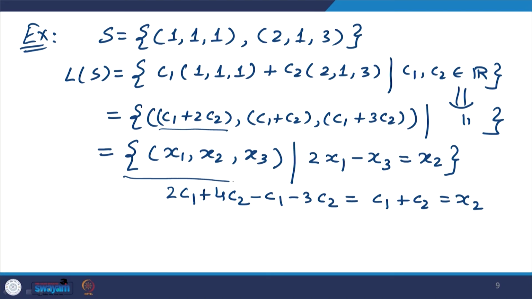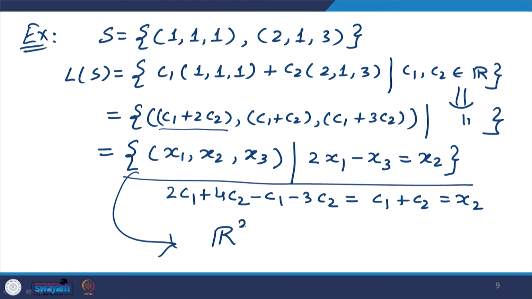So, this is the linear span of S, and you can easily prove that it will be a subspace of R3.